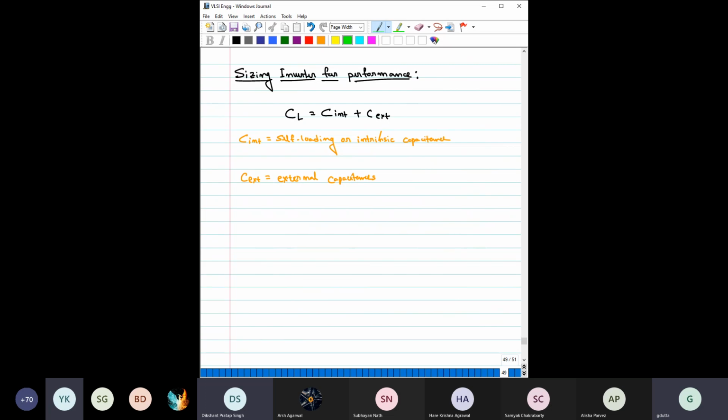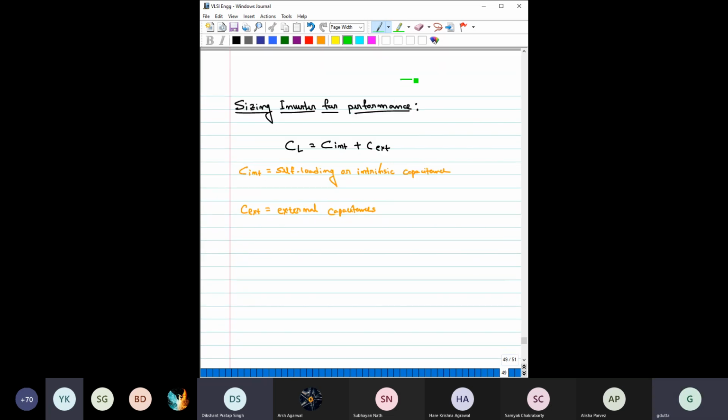See this. Sizing an inverter for performance. Now suppose we have one inverter, and here some load, say CL. Now for this inverter, you can keep W by L ratio for PMOS say 2, and for NMOS equal to 1, or more, for PMOS W by L 4, for NMOS W by L equal to 2, right?